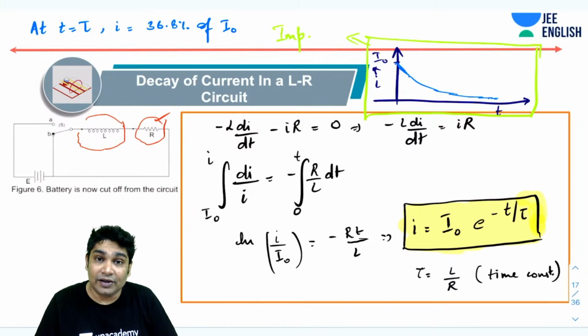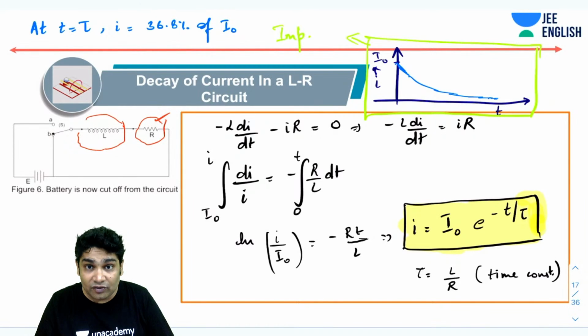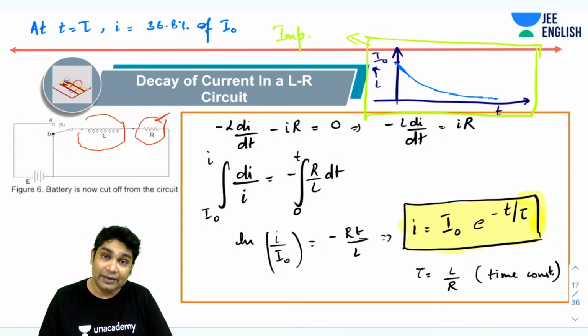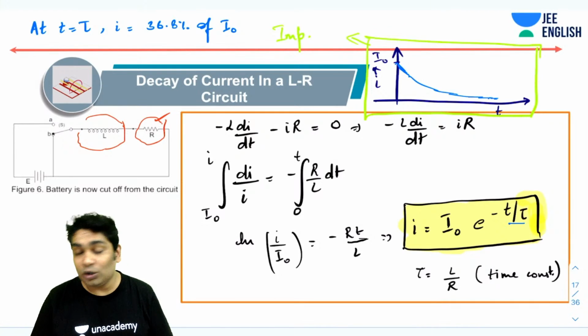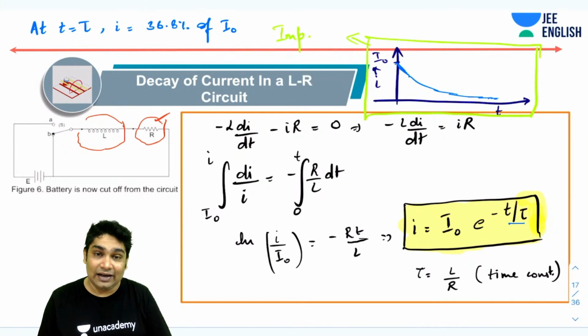That is how you can define your time constant: after every time constant, the current drops by a factor of 1 by e, which you can clearly see from this expression. After one time constant, the current would be I naught over e. After two time constants, I naught over e squared. After three time constants, I naught over e cubed, and so on. So this is the growth and decay of current in LR circuits.